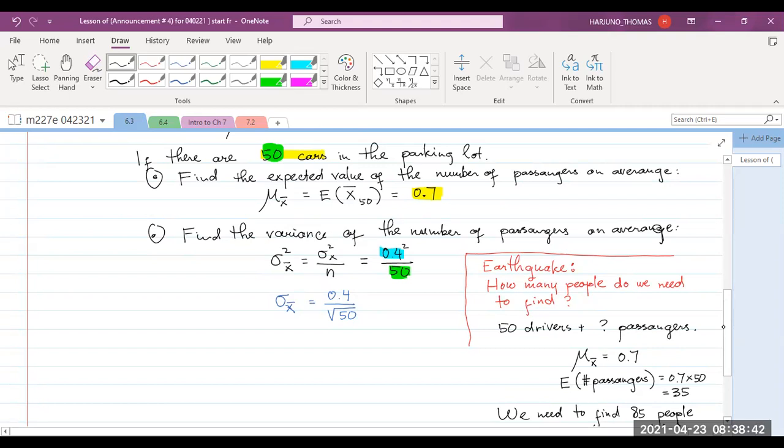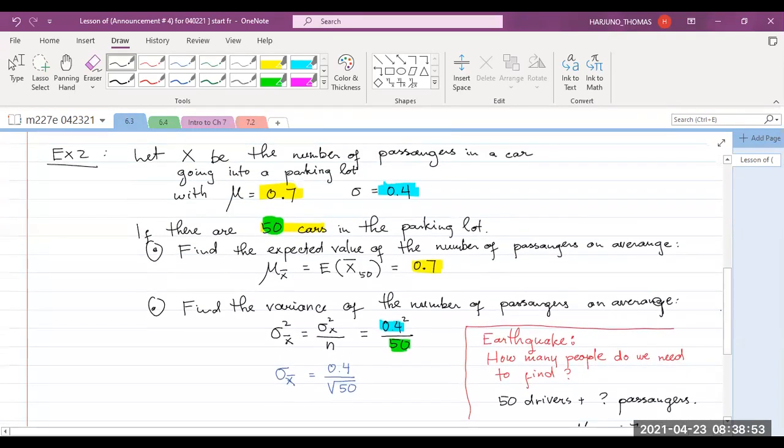Maybe, but that's something we will compute in 6.4. The use of the variance and standard deviation will become very significant in the next section, 6.4.